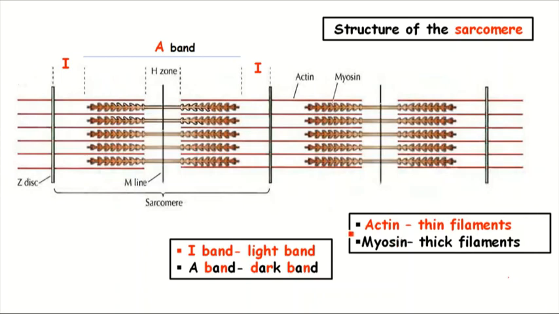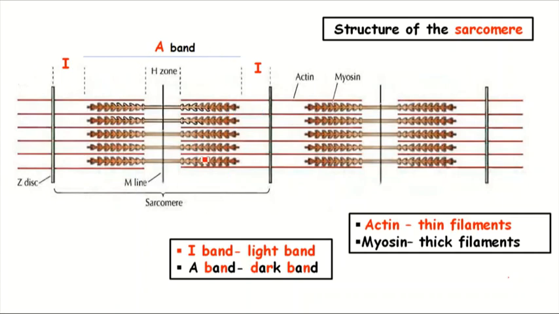Clear? And in the periphery of this dark band, both actin and myosin overlap. In the center, there is only myosin. This is myosin, and this single line represents actin. So in the center region of the A band or dark band, only myosin is present, but in the periphery region, myosin and actin are both present and overlap with each other.